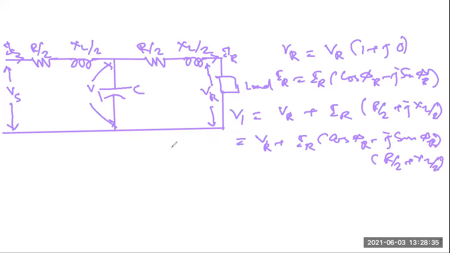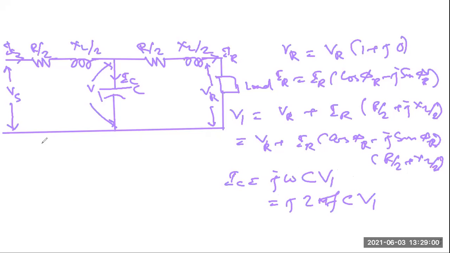Okay. So V1, now here there is a capacitive current IC. So this IC will be equal to j omega C V1, so this will be equal to j into 2 pi f C into V1. Now this Is will be equal to IR plus IC.